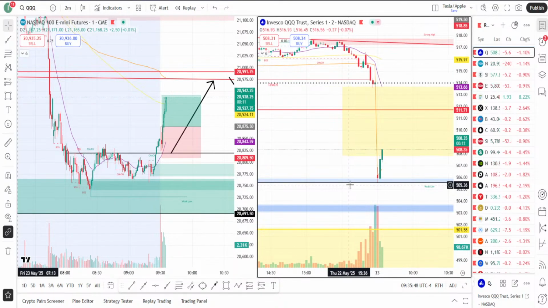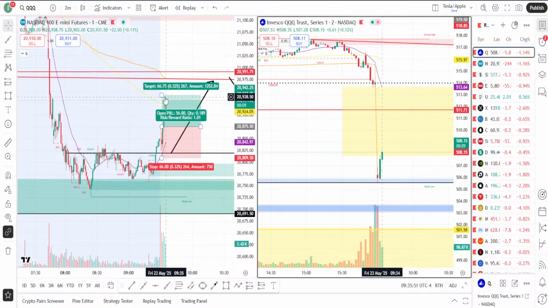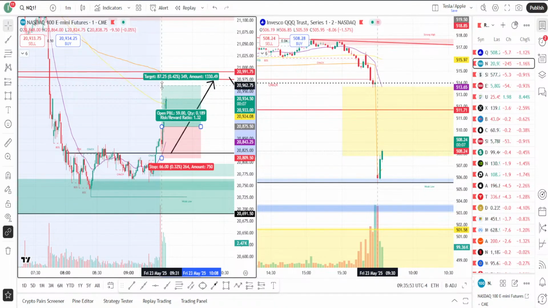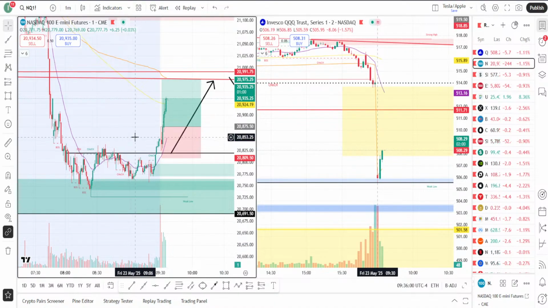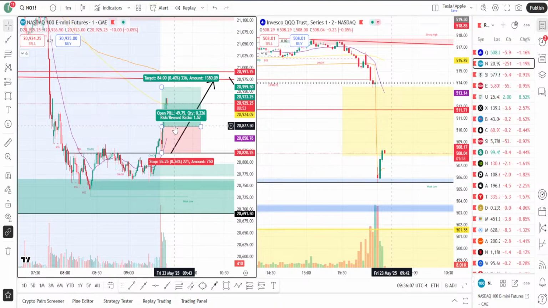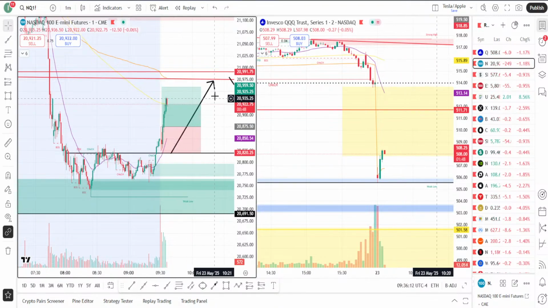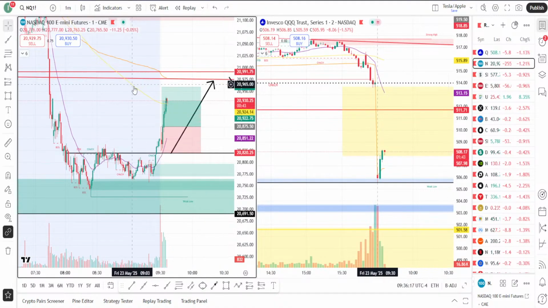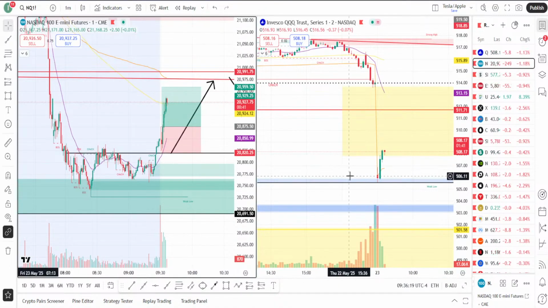Let's see if we could get a 1-to-1.5. 1-to-1. Right there. Keep it a little bit tighter. There we go.